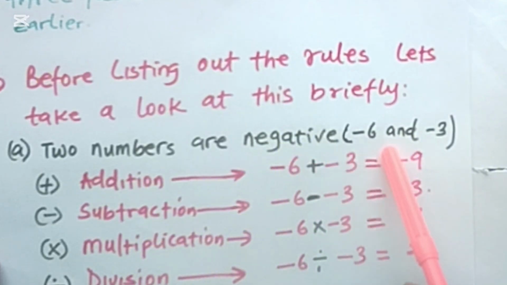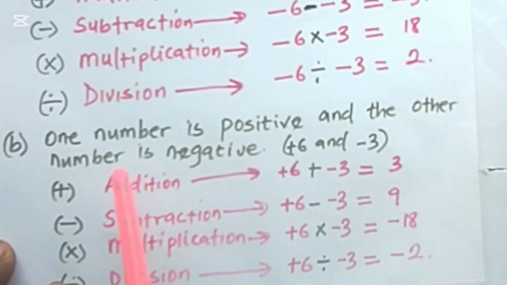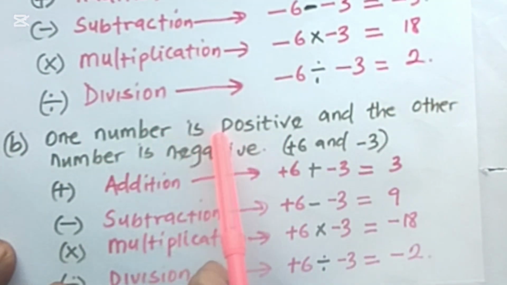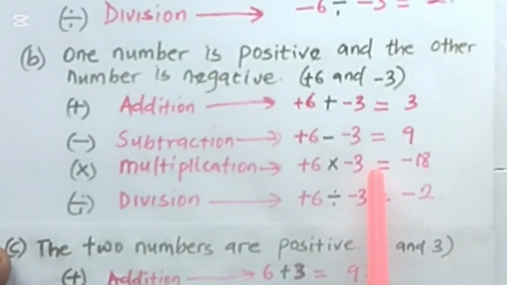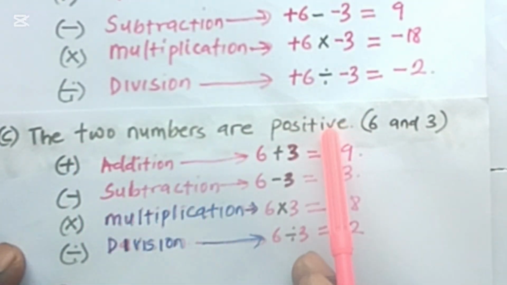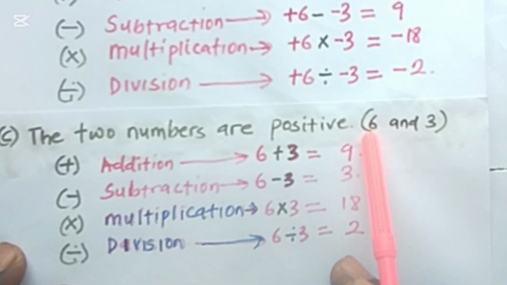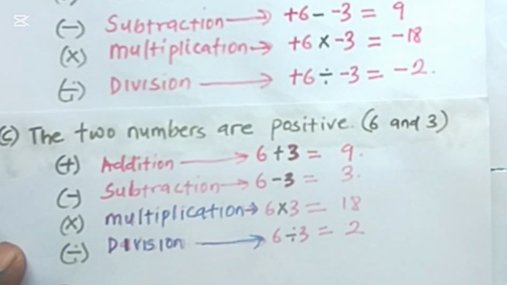Whatever I have done with -6 and -3 can be applied to any other situation where the two numbers are negative. For the case where one number is positive and the other one is negative, I used +6 and -3. Now, when the two numbers are positive, I used 6 and 3.